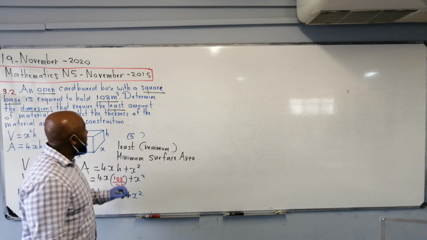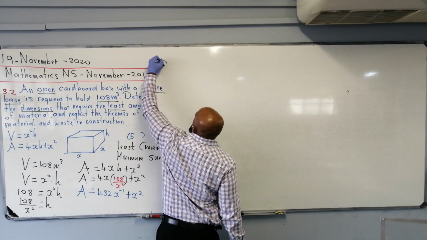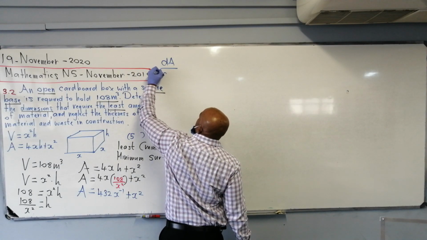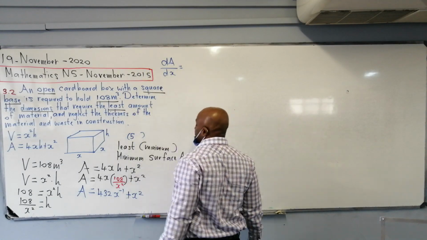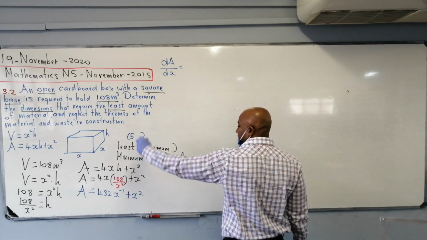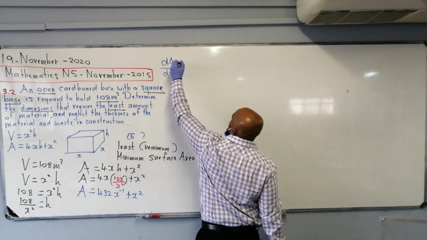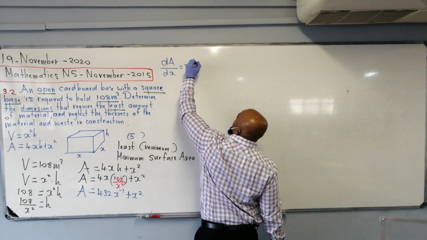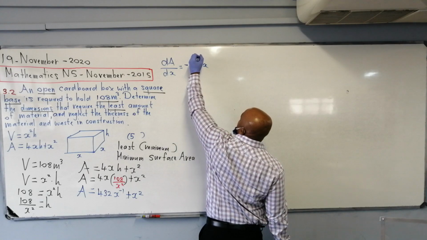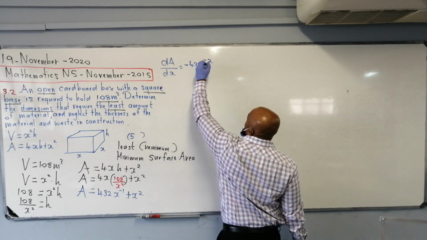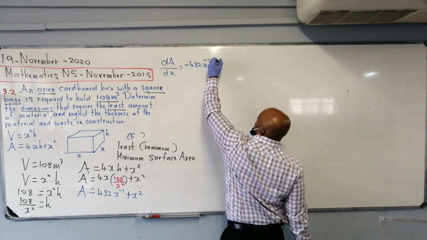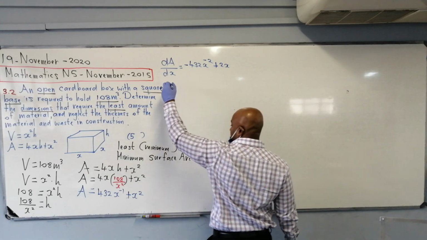Alright, so what do we do? We now find dA/dx, you're differentiating with respect to x. So the derivative here, 432 times negative 1 will be minus 432 x to the power minus 2, plus the derivative of x squared, which is 2x.